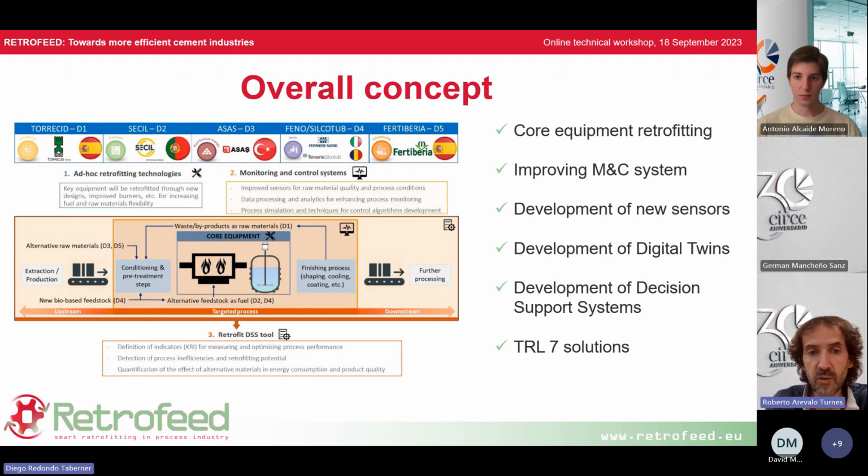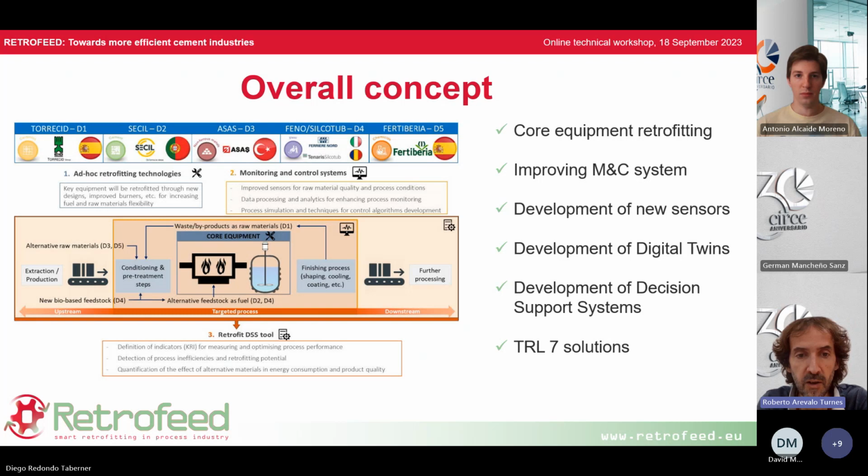Each one of them is going to be retrofitted to allow the use of some feedstock that was before considered a reject and now can be valorized as a fuel, for example. And also these core equipments are going to be modeled in each case by a digital twin. Upstream and downstream of this core equipment, we find other processes that will be different in each industry, and they are also going to be modeled using different modeling technologies, including machine learning.